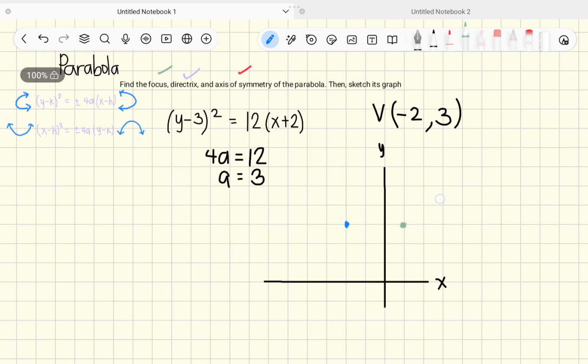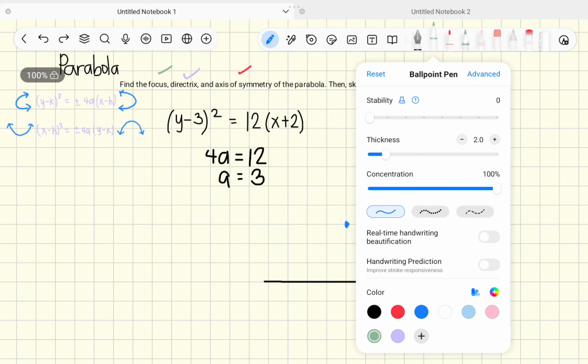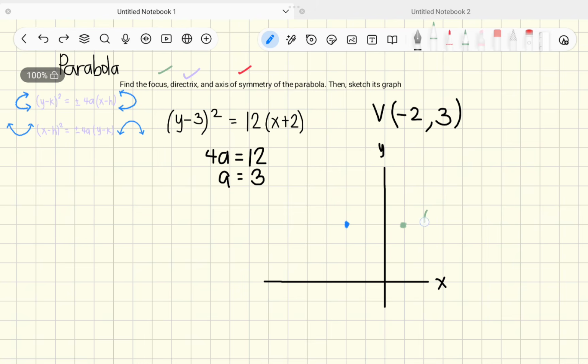Okay. What will be the coordinates? So this will be the same y coordinate but different x coordinate. So if we look at here, this is positive 1. So your focus is at positive 1. Okay, let's name F is at (1, 3).